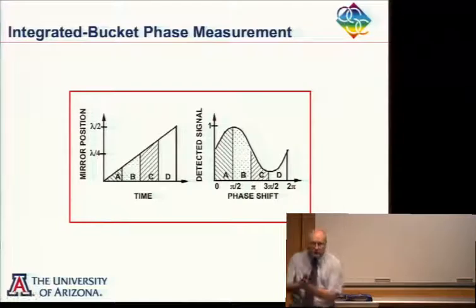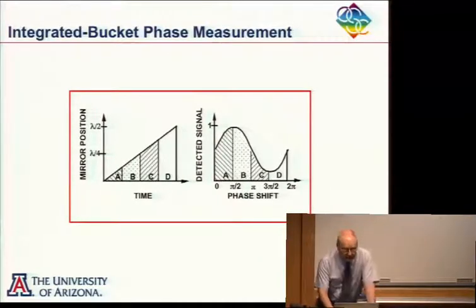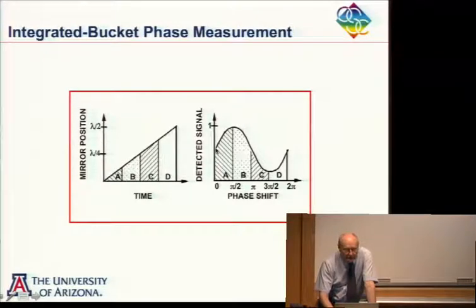We're going to be changing the phase at a constant rate, sort of like a frequency shift. Okay. Now, if I'm changing the phase difference at a constant rate, my intensity pattern is going to vary sinusoidally with time. And so what I'm really doing is I'm integrating the light intensity as the phase difference changes by 90 degrees.